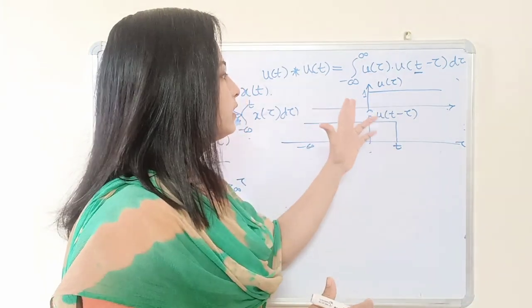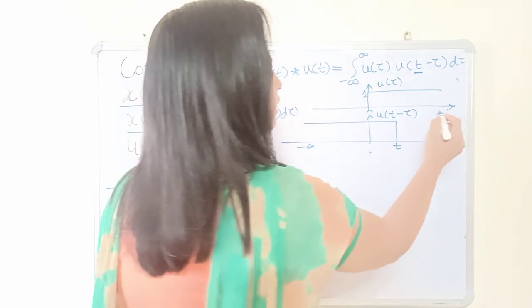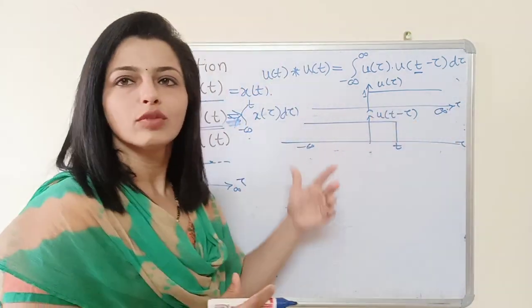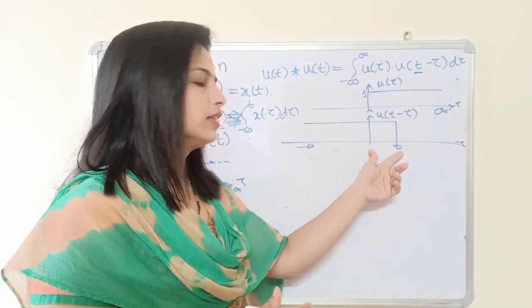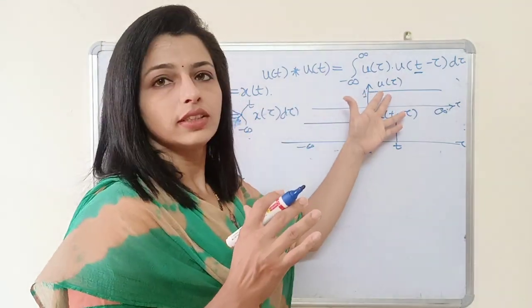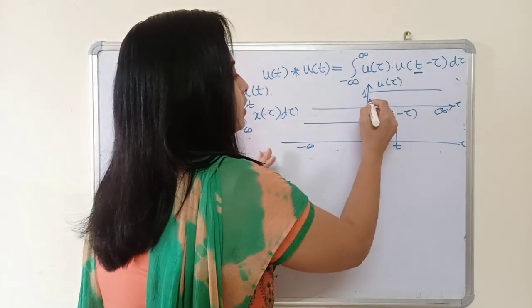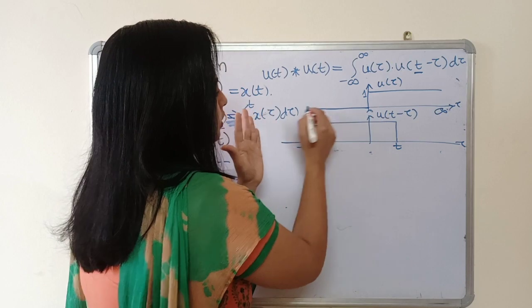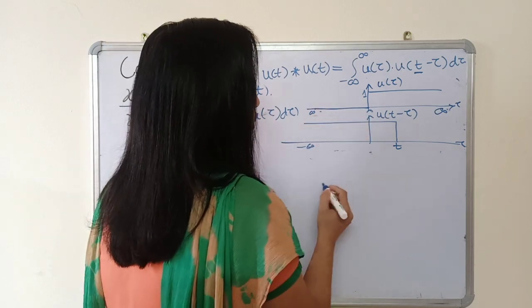So u of tau is starting from 0 to infinity, and u of t minus tau is starting from minus infinity to the instant t. Always when we have u of tau in this, it is going to be 0 for the interval minus infinity to 0.